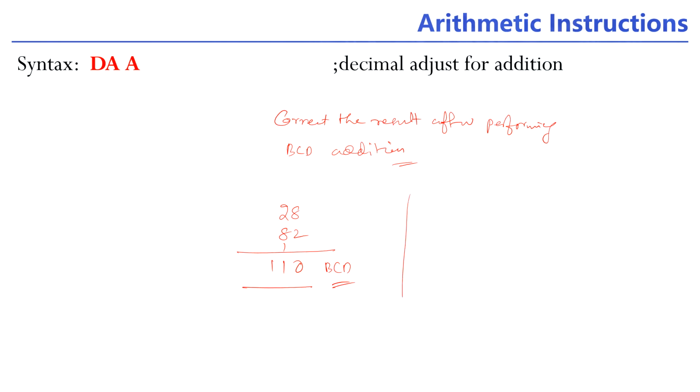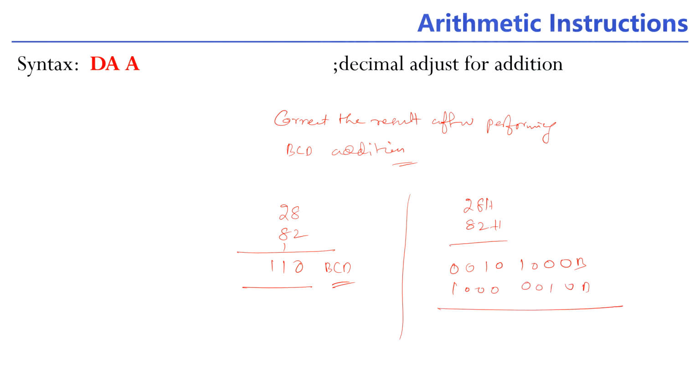But when you are performing the same addition by using 8051 microcontroller, it will treat this 28 as 28H, 82 as 82H. The binary representation of these two numbers are 0010 1000 and 1000 0010.